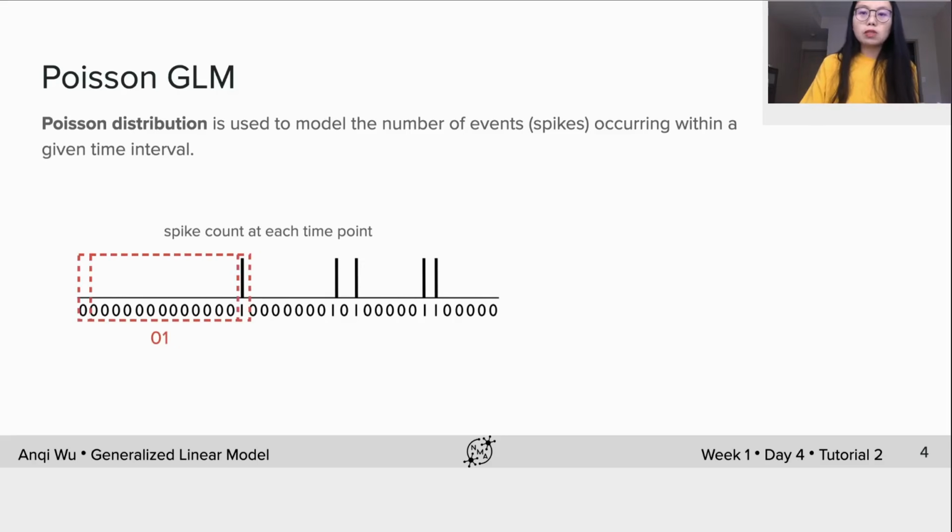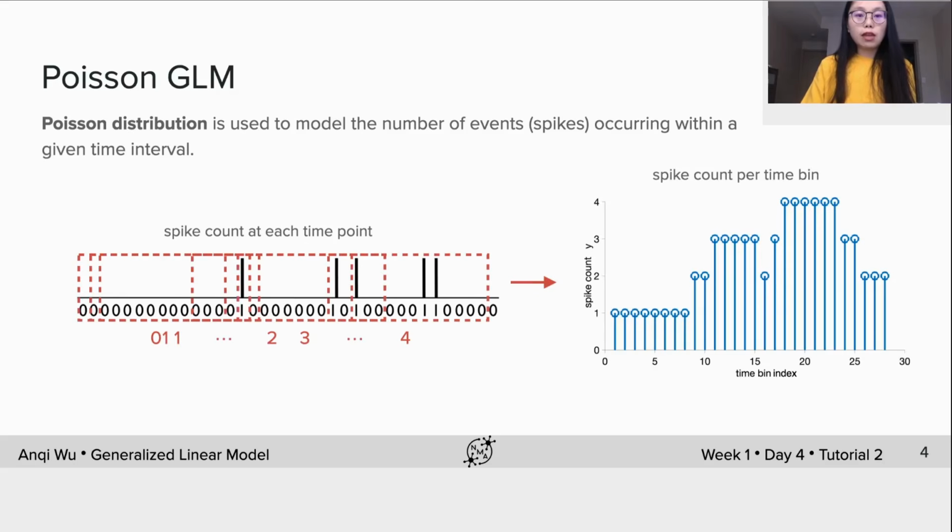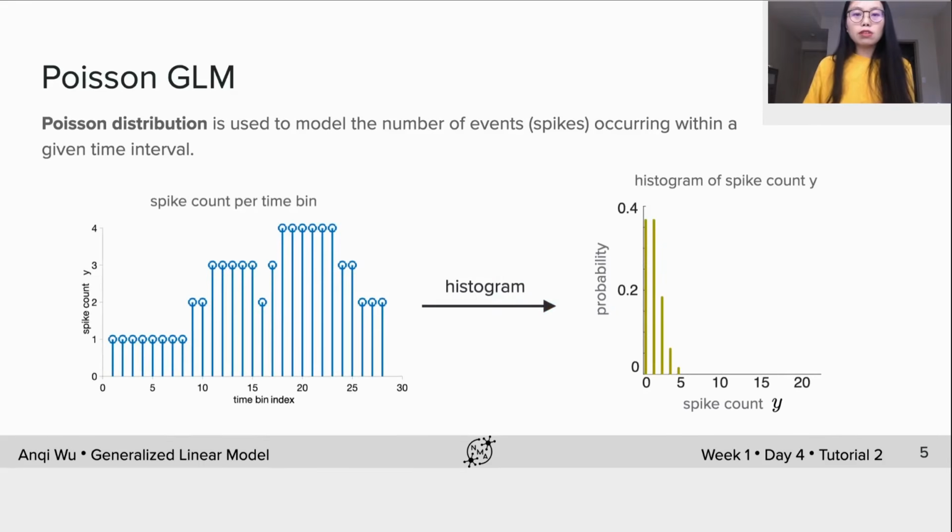We could bin the spike train with a certain time interval and count the number of spikes within the time bin. As a result, we reformulate the binary spike train data into a new sequence. The x-axis is the index of the time bin, and the y-axis is the spike count within each time bin.